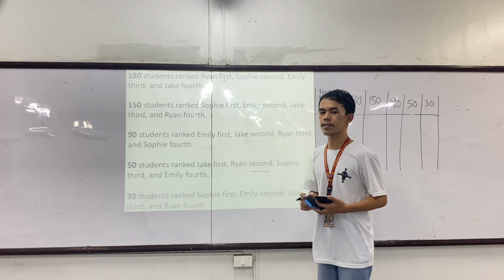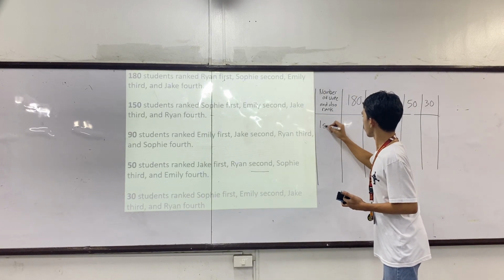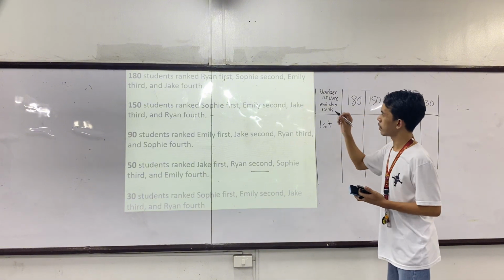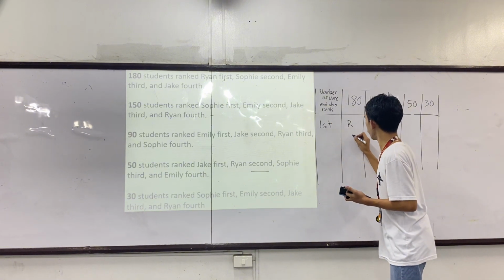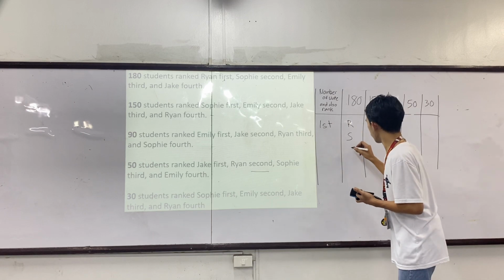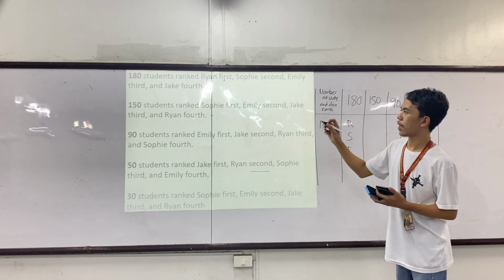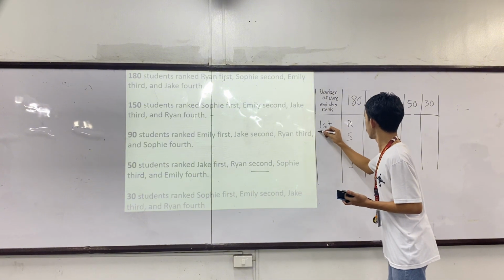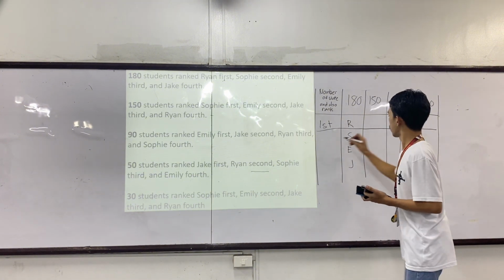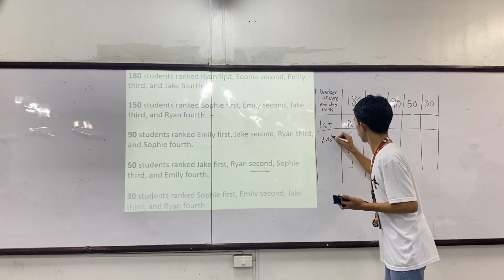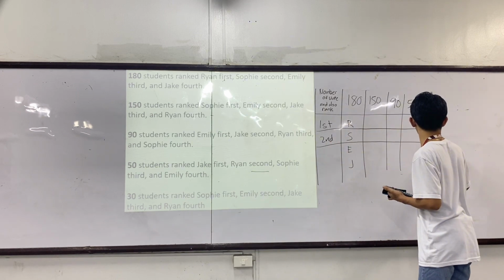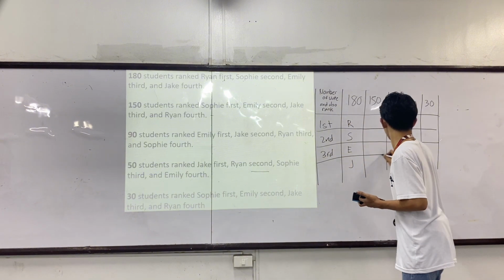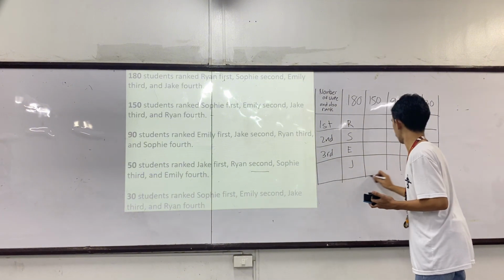So in the first round, Ryan got the first choice, followed by Sophie, Emily, and Jake. First, second, third, and fourth.